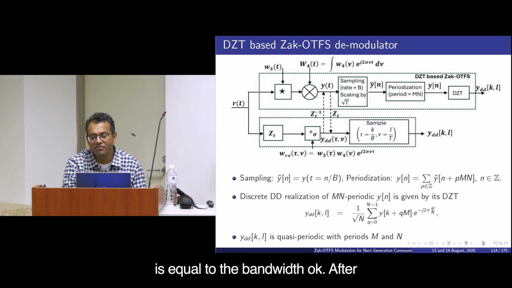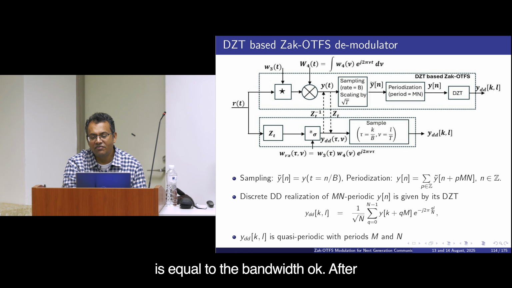Now this y tilde was not periodic, but I take y tilde and I shift it by integer multiples of capital M times N. So I have multiple copies of y tilde with these different shifts in discrete time, and I just add all of them together, okay.